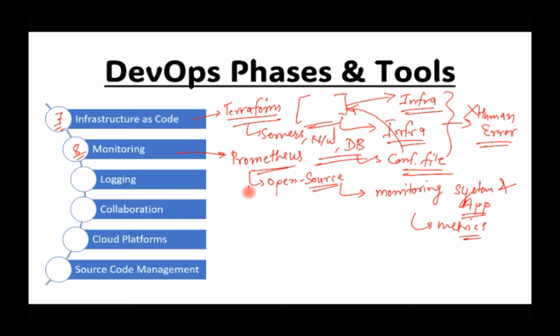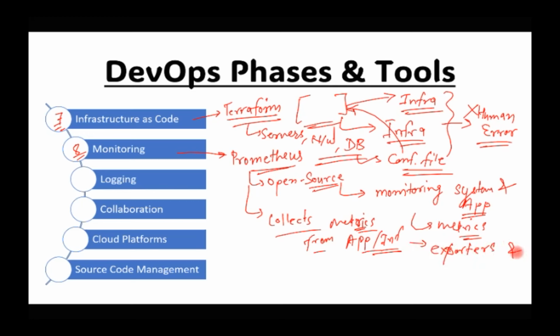So in the real world, how does it work? Prometheus collects metrics from applications and infrastructure through exporters and scraping.